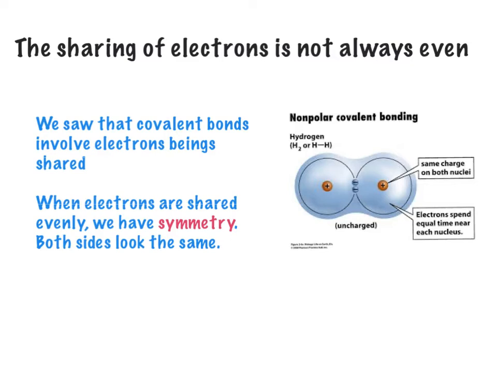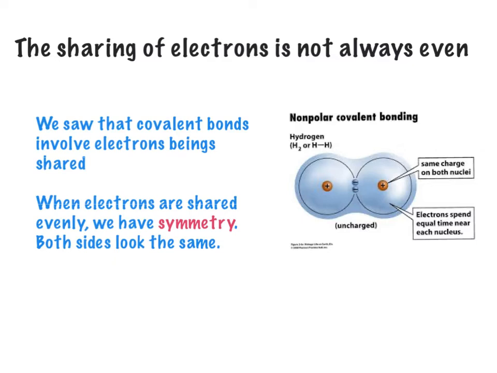They look at what we call an electron density map. But we'll see one of those in a minute. But I like this. We've got this same thing going through. The symmetry, equal sharing, electrons spend equal time near each nucleus, so we have a non-polar bond.